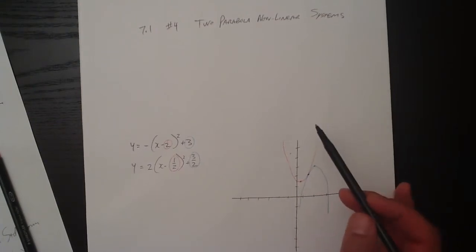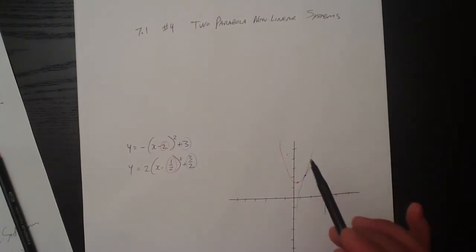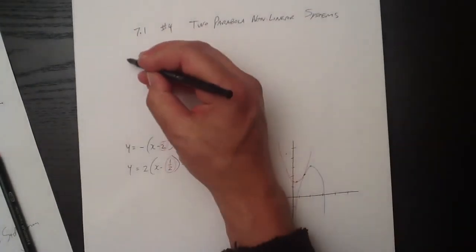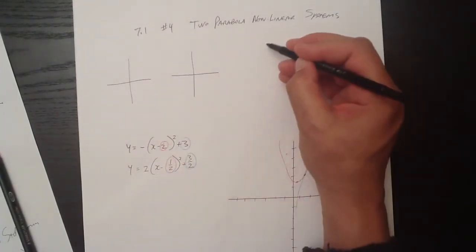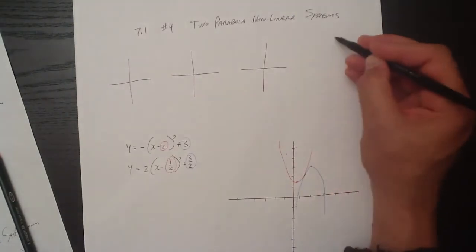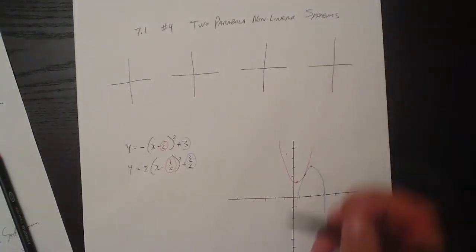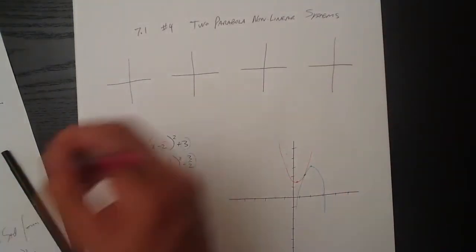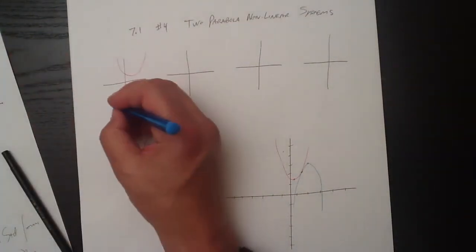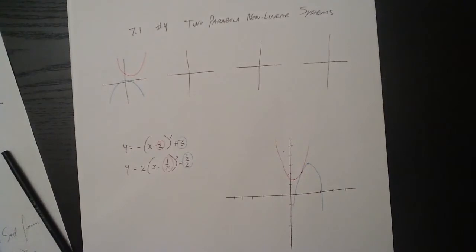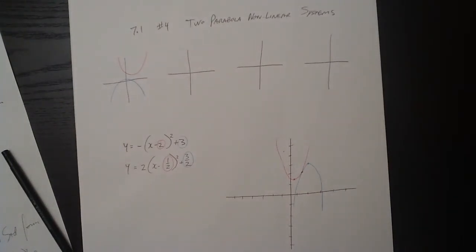But for these two parabola nonlinear systems, there are four possibilities as to how they can look. This is something to go in the back of your mind. The two could look like this, where you have two parabolas that go nowhere near each other, and that means there is no solution set.